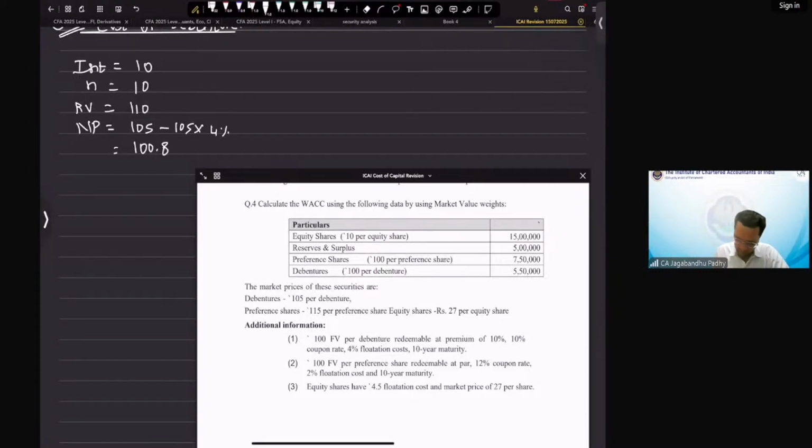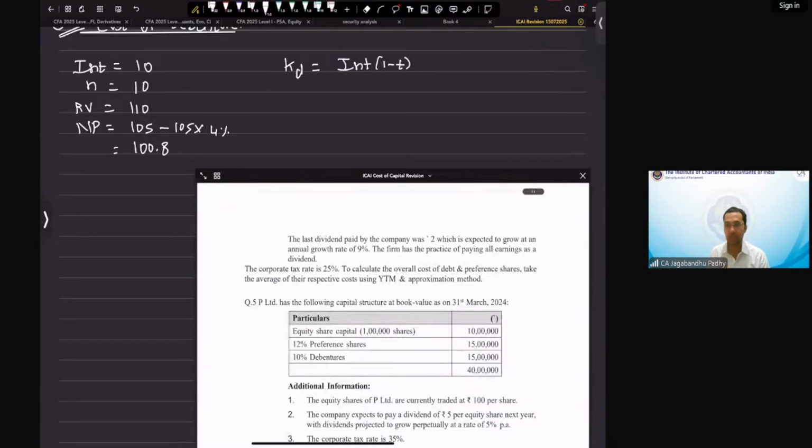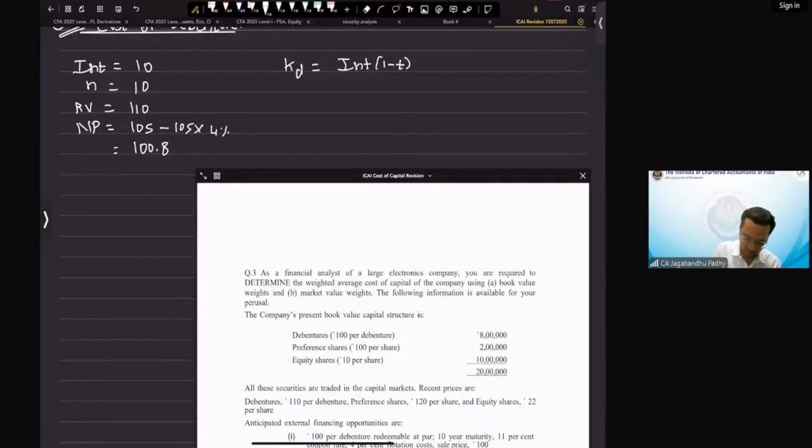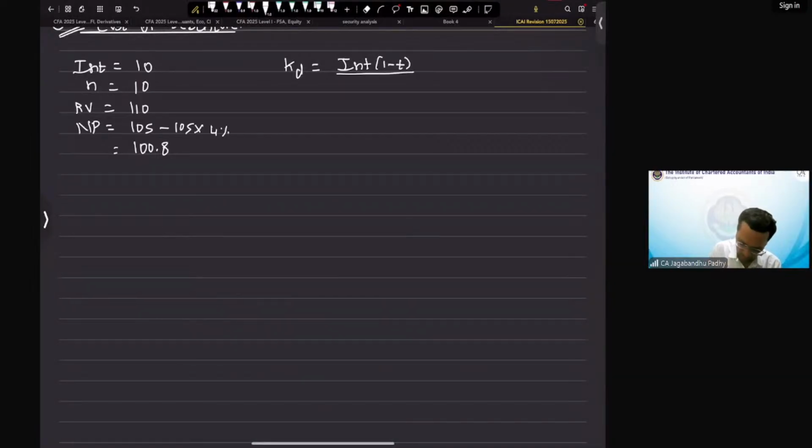Then we have the cost of debt calculation. This is going to be interest into 1 minus tax rate. Do we have the tax rate given to us in the question? Yes, it's 25%. The cost of debt is interest into 1 minus t, since we have the redemption thing also, plus the redemption value minus net proceeds upon number of years, the whole divided by redemption value plus net proceeds by 2.